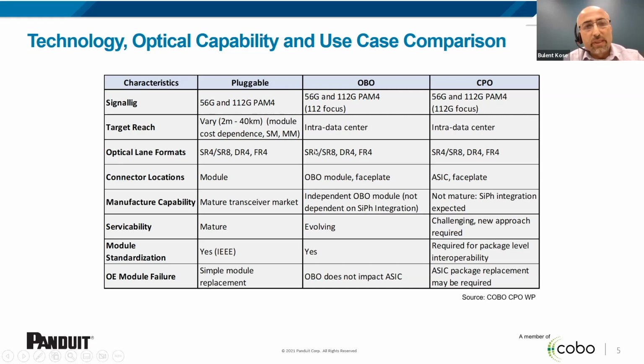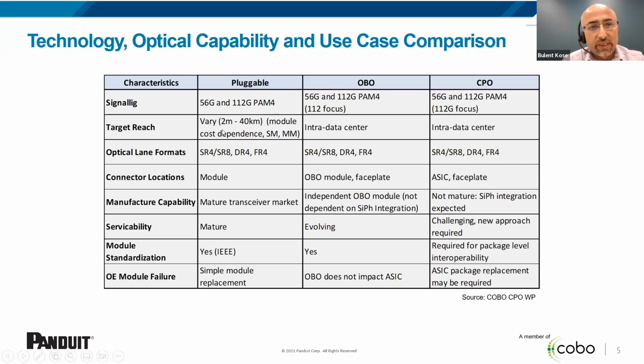The original OBO was based on 56 gig, and now we have 112 gig electrical lanes available. The OIF work is based on 112 gig electrical lanes, and obviously they're working on the higher speeds as well.